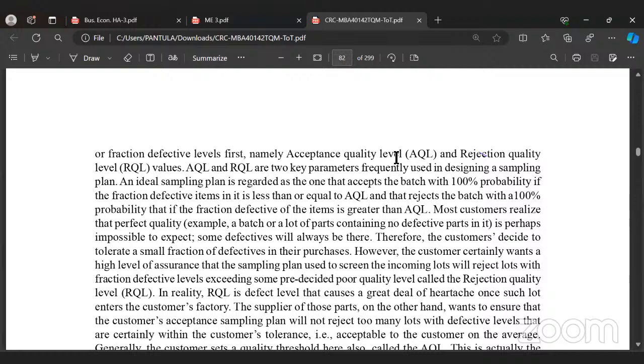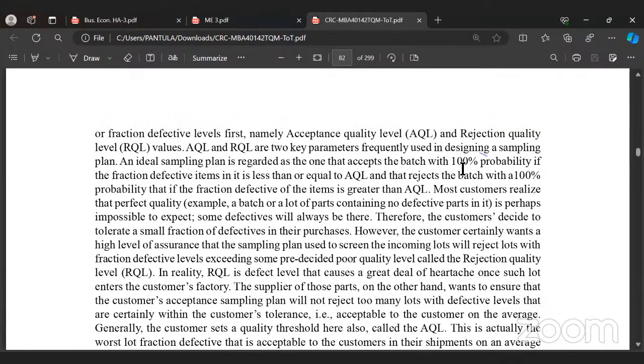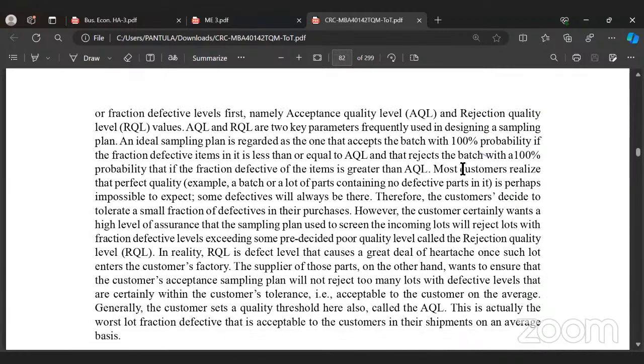If we collect a sample, out of 100, 10 or 20 randomly picked, then from the fraction of defective levels we can determine the accept quality level and rejection quality level values. AQL and RQL are two key parameters frequently used in designing the sampling plan. An ideal sampling plan is one that accepts the batch with 100% probability when it is good.